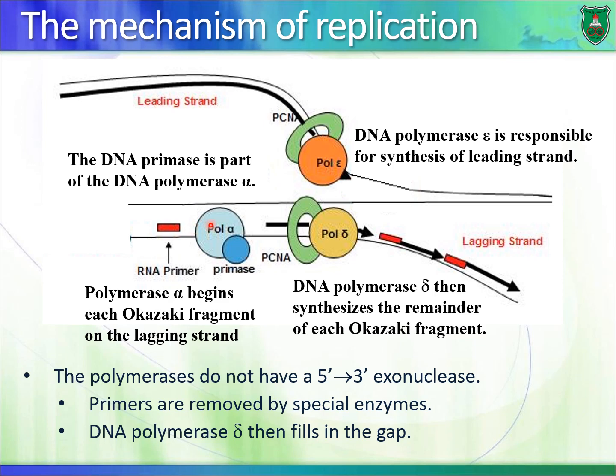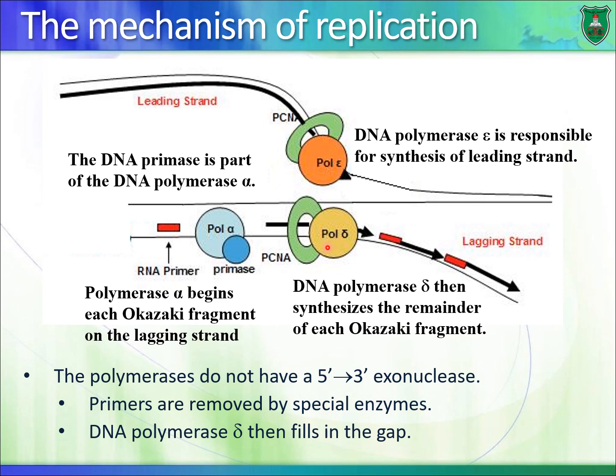Okay, the beginning of the Okazaki fragment, but then it falls off. Okay, and DNA polymerase delta jumps on DNA, and it continues with the DNA synthesis. Okay. Now, both DNA polymerases, epsilon and delta, are associated with PCNA, so they are guided by this protein.